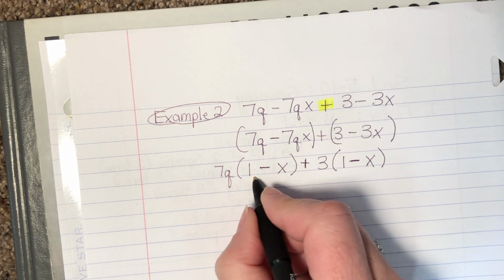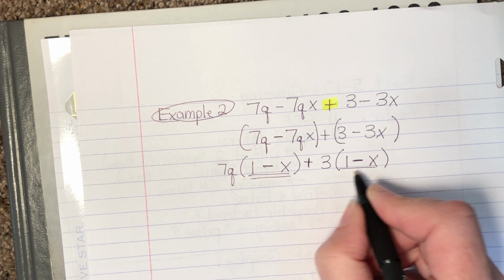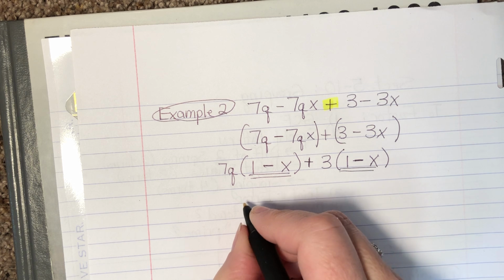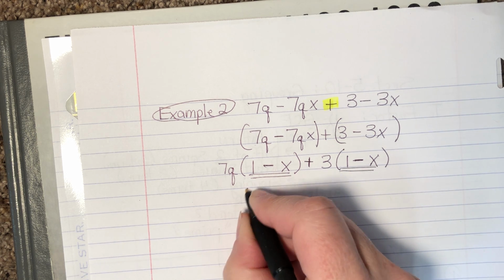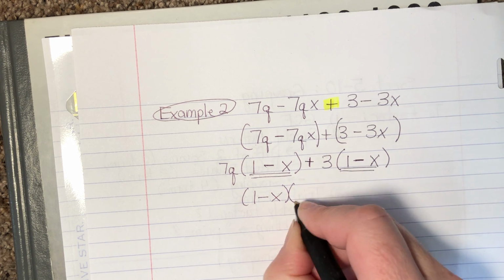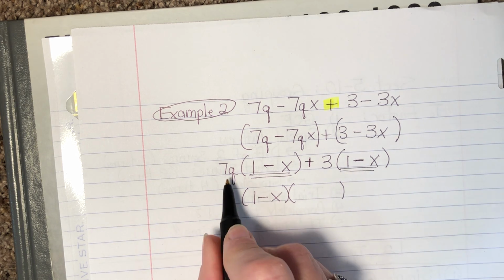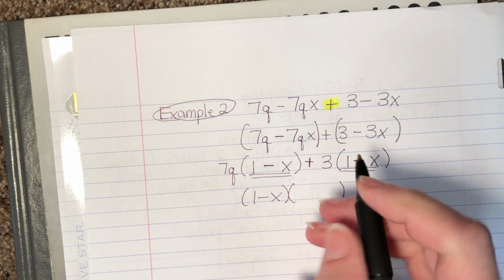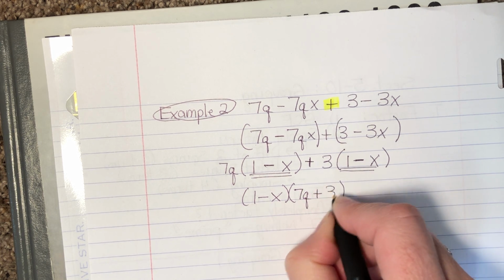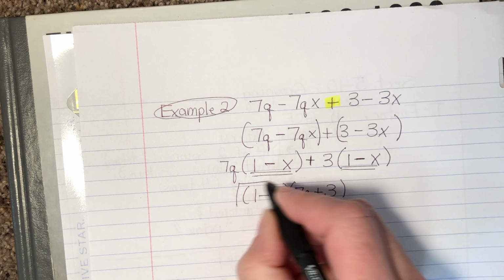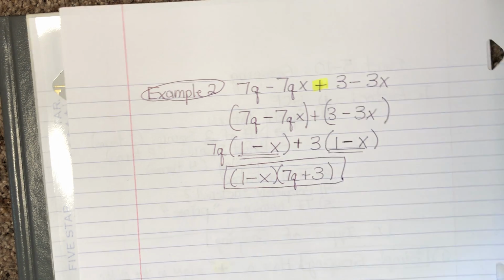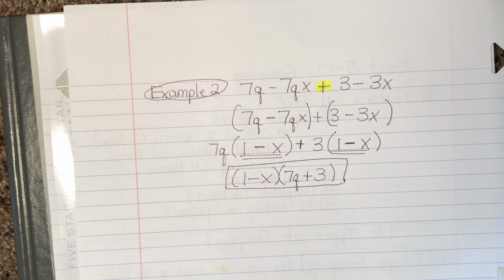Now, looking at these parentheses, notice they match. So that means grouping worked. So your answer is: write one of the parentheses, and then in the other parenthesis goes the outside stuff. 7q plus 3. And that is factored. All right, so we'll take a break and then go to the second type.